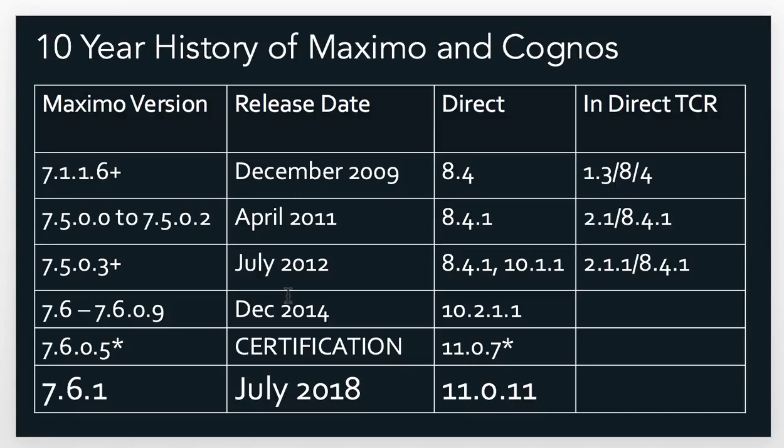Last fall, we were able to offer a certification to Cognos 1107. That certification was that if you had your own Cognos license, you could integrate that with Maximo. But today we are so excited to introduce the entitlement of Maximo 761 with Cognos 1111.